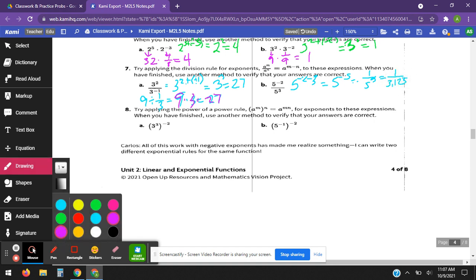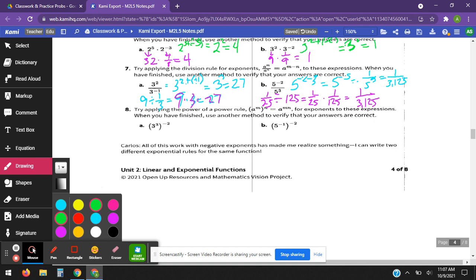Okay, now 5 to the negative second, with 5 squared on the bottom, divided by 5 to the third, which is 125. Now remember, division is multiplying by the reciprocal, so my first one stays the same, then times 1 over 125, which is 1 over 3,125. So they match.